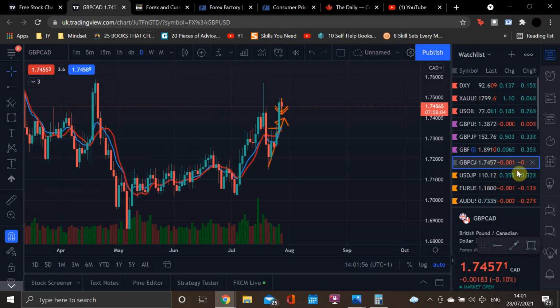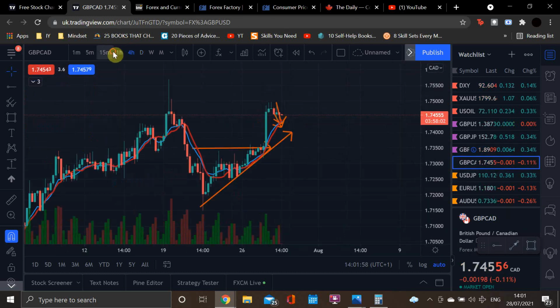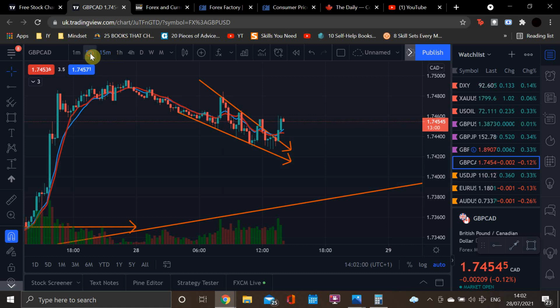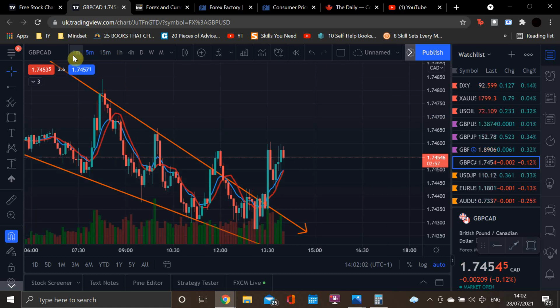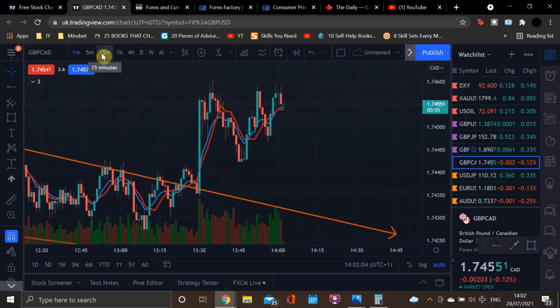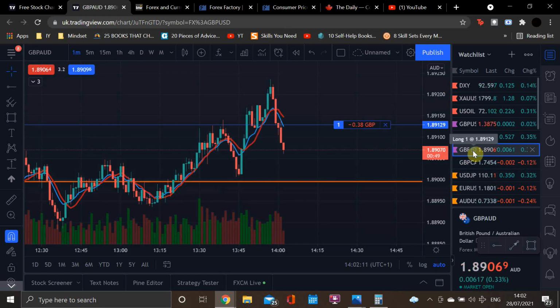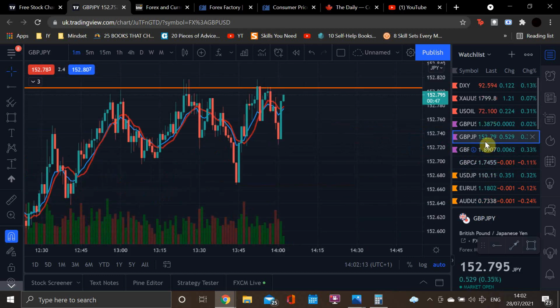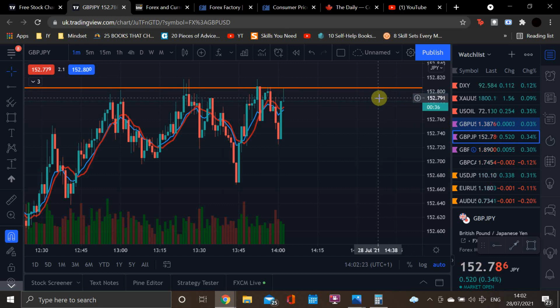GBP CAD. A lot of Japanese yen pressure.